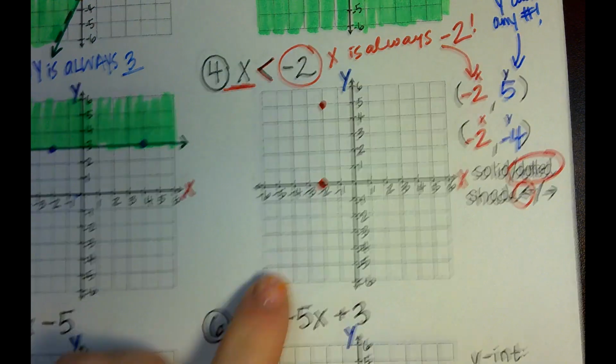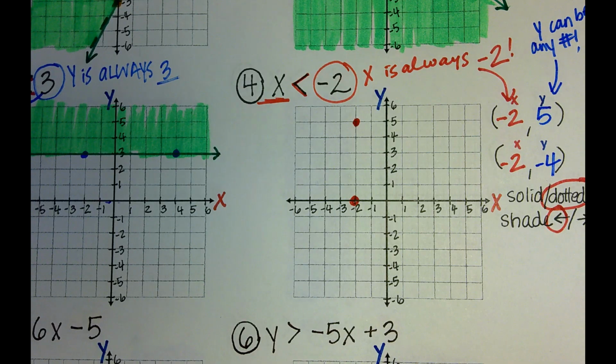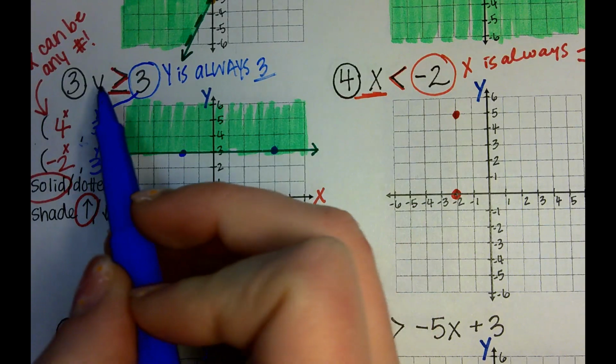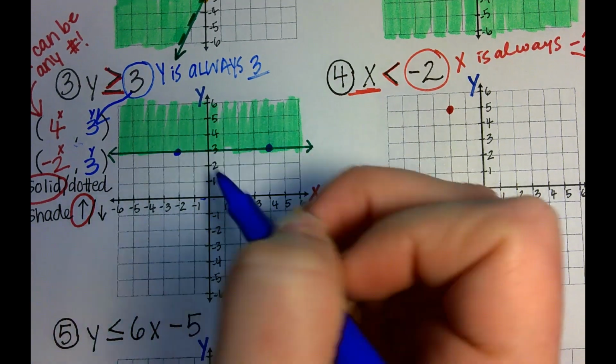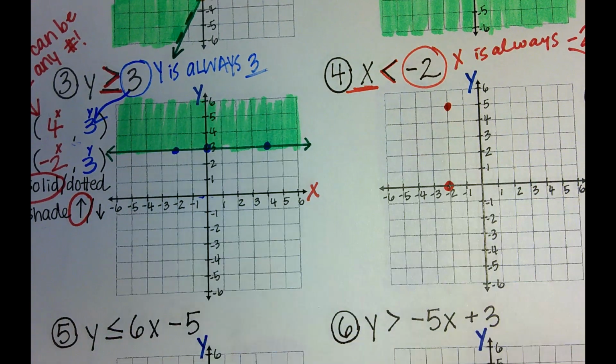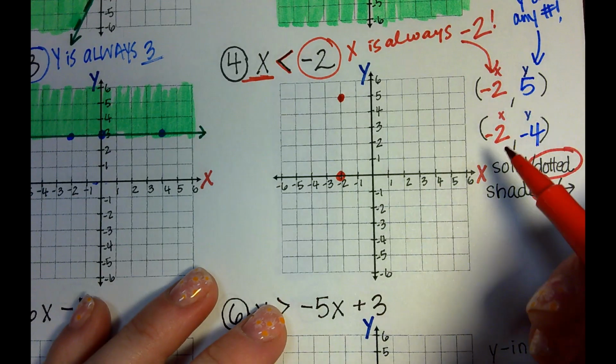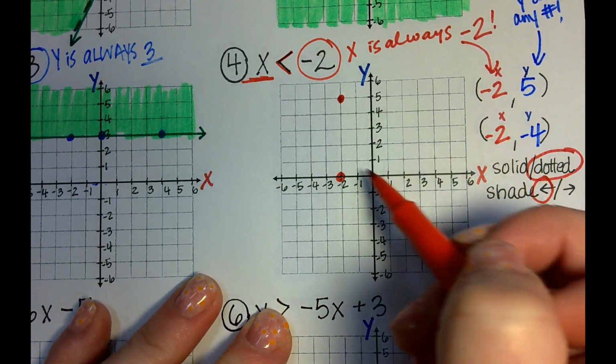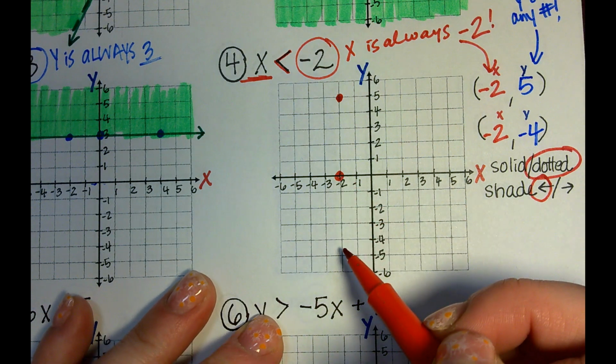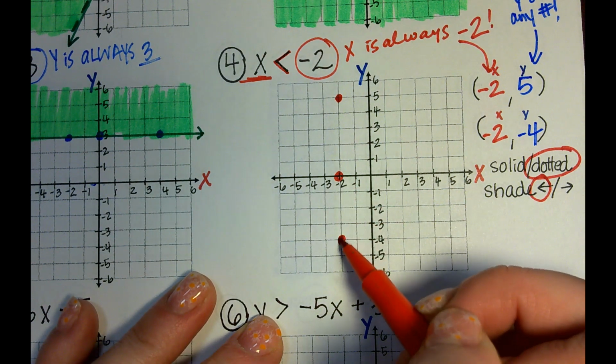Optional, but I like to do that. You could also do that on the previous problem for your y. When I have y is greater than 3, I could just mark 3 on the y-axis. And then we chose -2, -4. So over -2, down to -4.